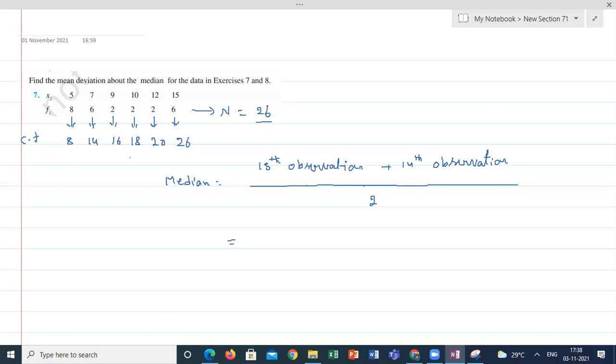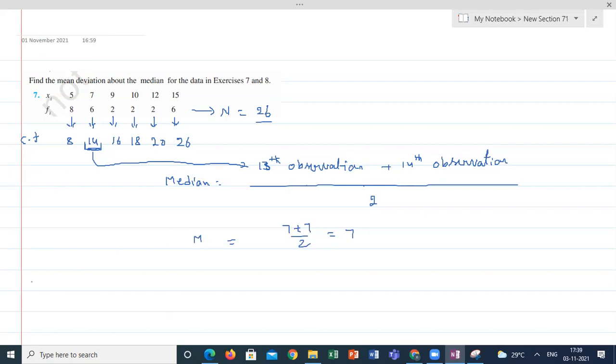Where is it coming? See here, your 13th and 14th are here. What is the value at the 13th and 14th observation? 7 plus 7 by 2, so the median is 7. So I got the median is 7.